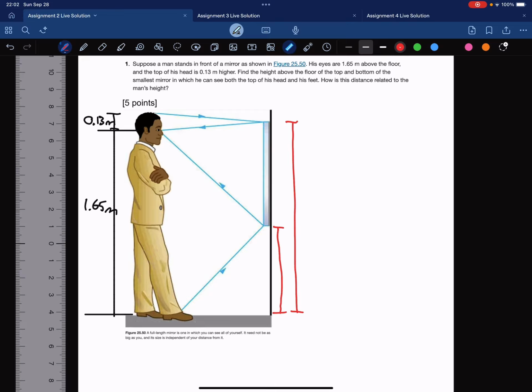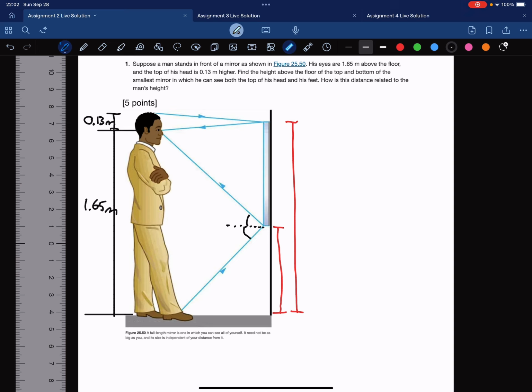For now, though, we know that this incident and reflected ray, this pair, so the incident right here and the reflected ray here, we know that if I were to draw a normal right here, these two angles are going to be the same.